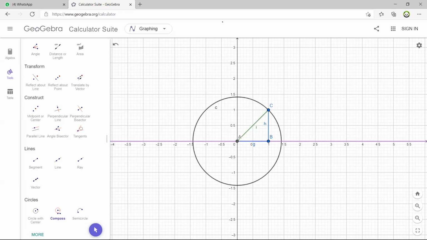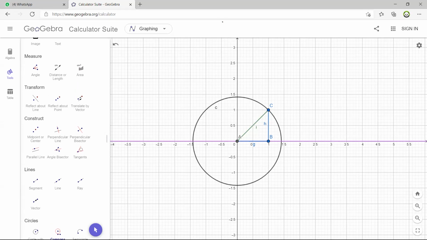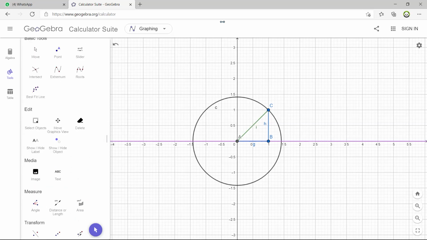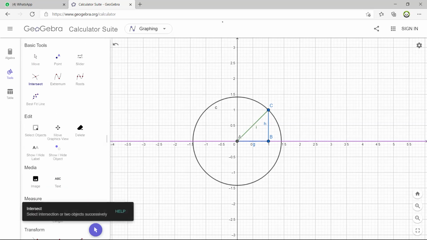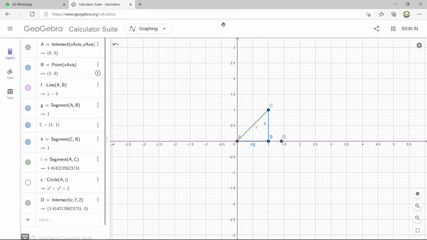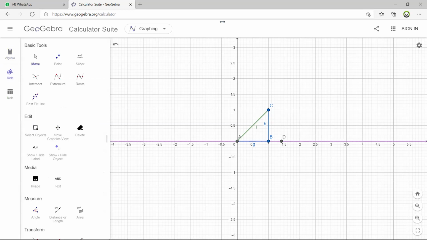Now I'm going to mark this point where the arc is intersecting the purple line, and I'm going to hide my circle. There you go. So this point that you can see, the point D, this point is root 2.